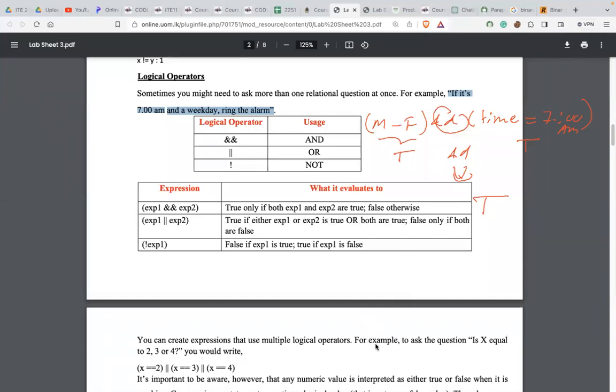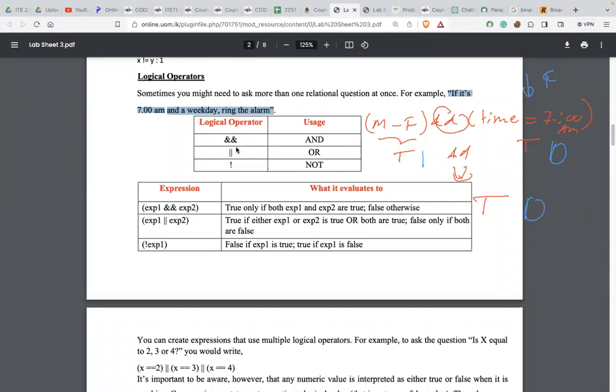Let's say 1, here also 1. If both sides are 1, the output is 1. Suppose this condition is false, that means here 0, then the output is 0. For the AND operator, if both sides are true, then the output is true.